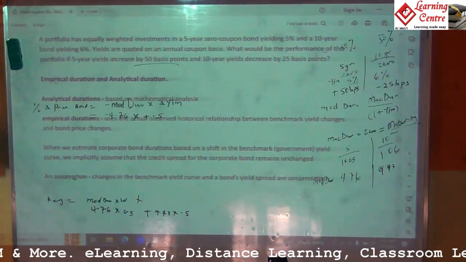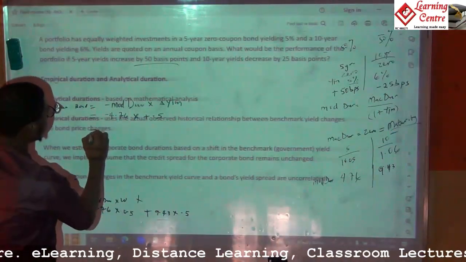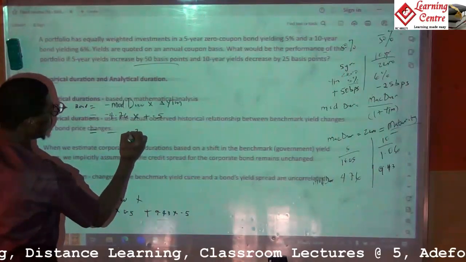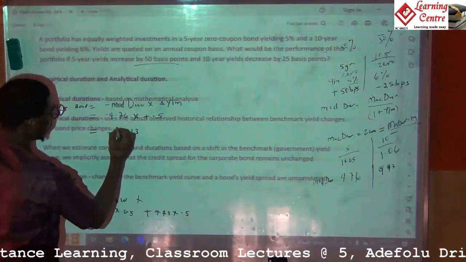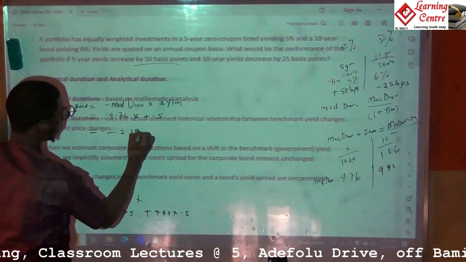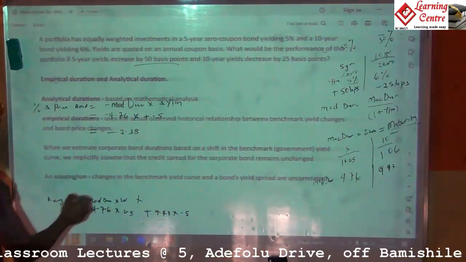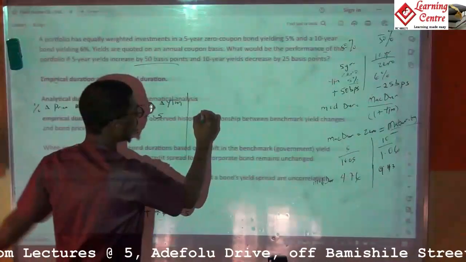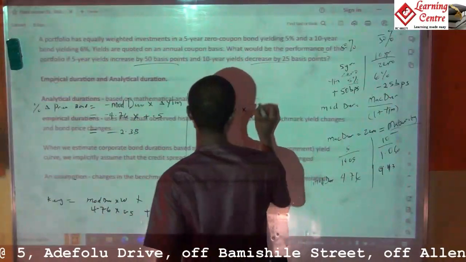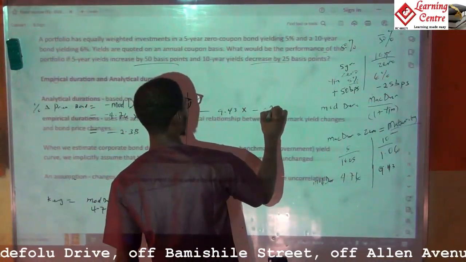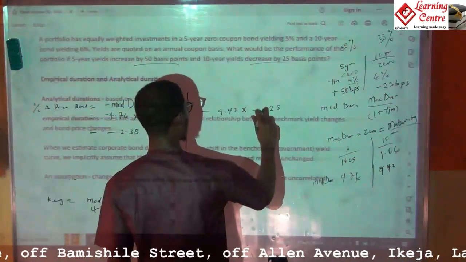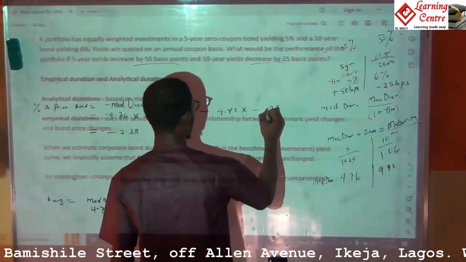So what do we get? Negative 2.38, about 2.4. The other one, negative 9.43 times this one, which is a decrease, negative 0.25%.